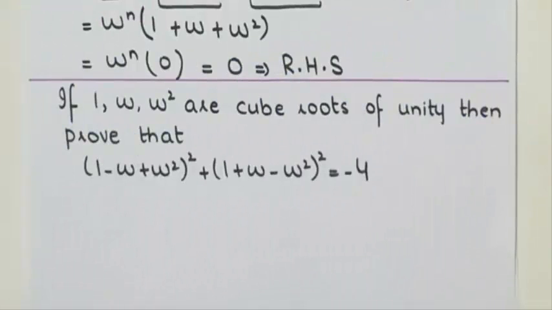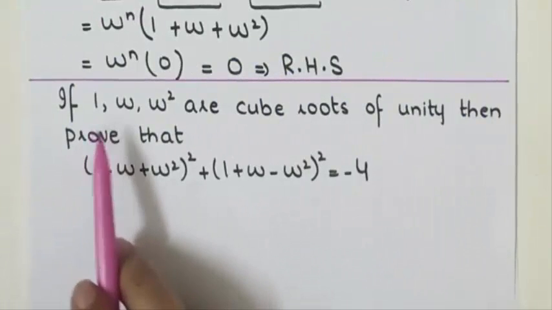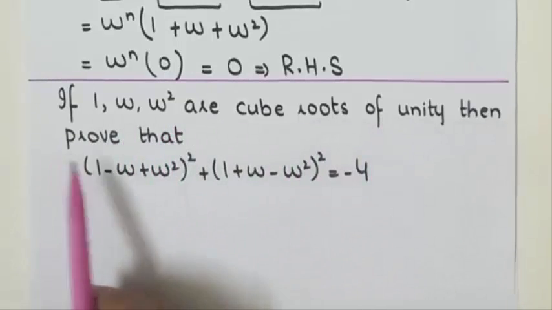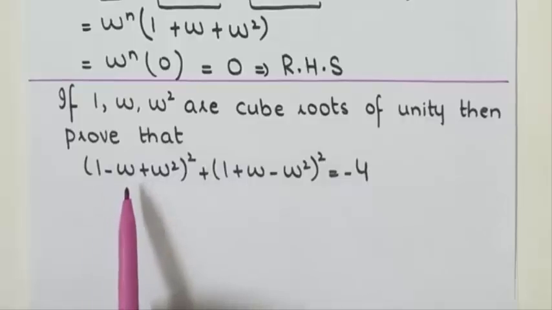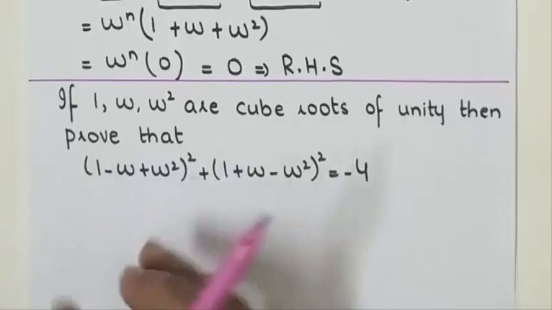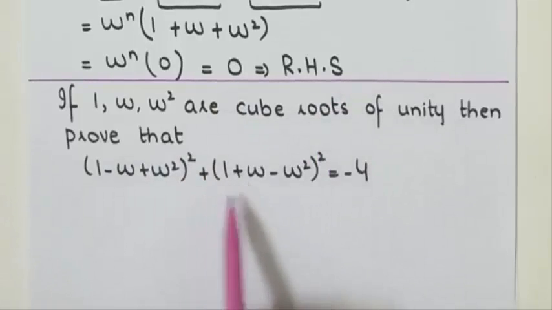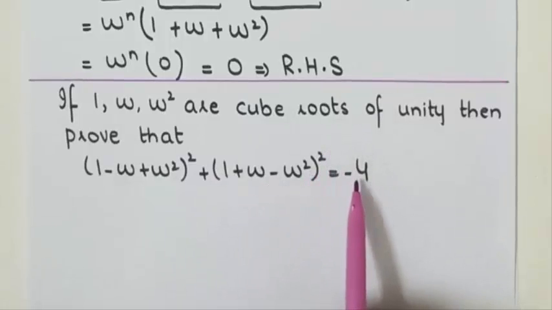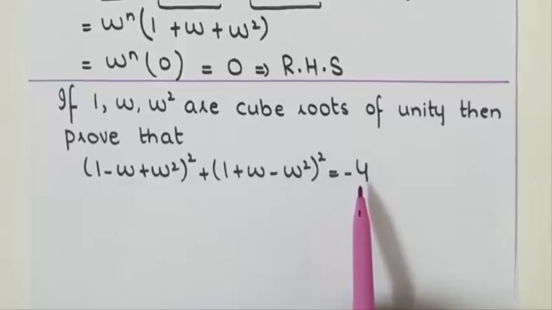Next question we have is, if 1, omega and omega square are the cube roots of unity, then prove that (1 minus omega plus omega square) whole square plus (1 plus omega minus omega square) whole square is equal to minus 4.